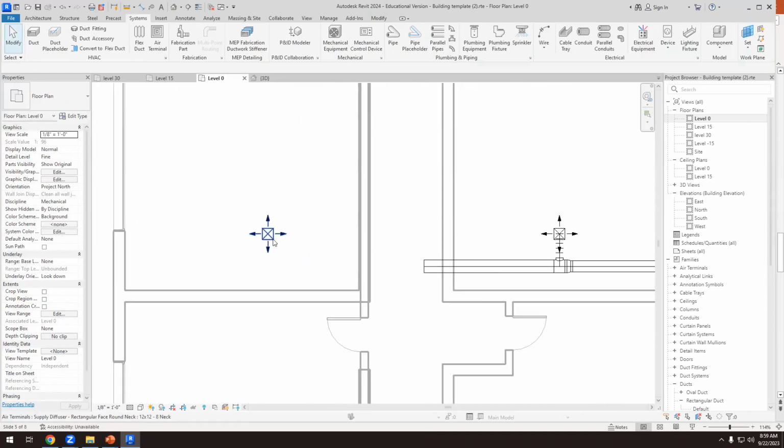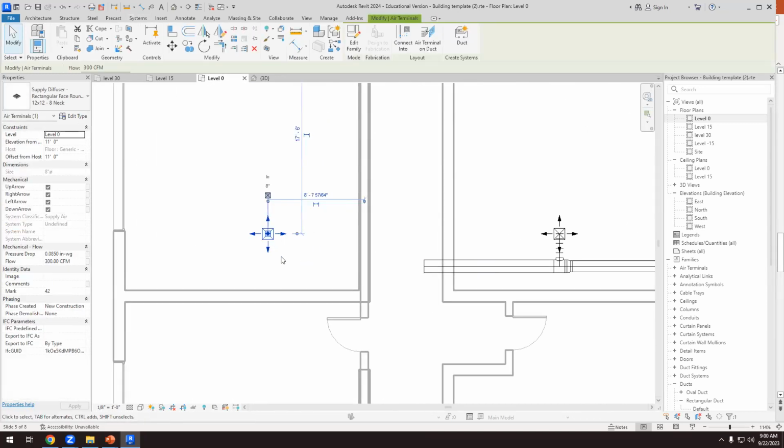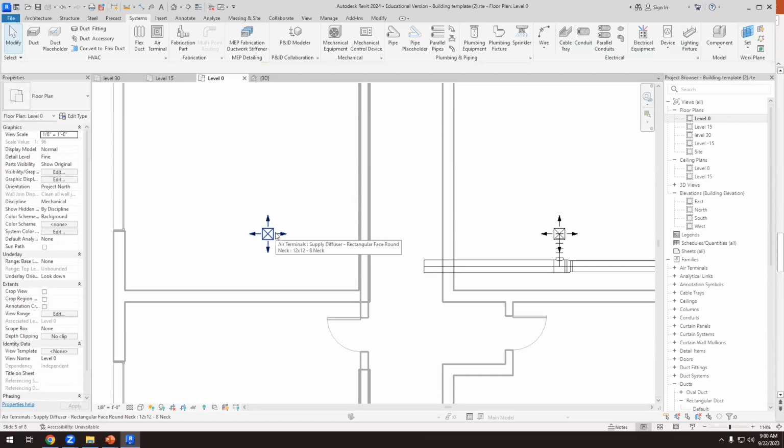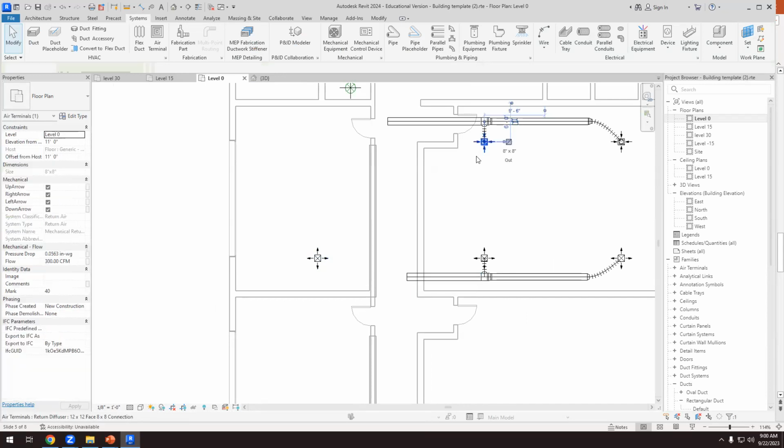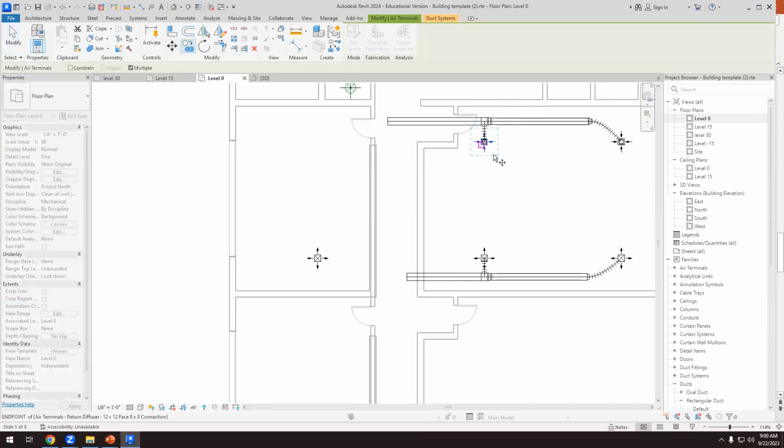But now I have to change the airflow, because there were 4 people times 20, it's 80 CFM. So let's click 80 CFM. Okay. And now we have to connect this to the supply. I'm going to copy this one too, copy the return diffuser.